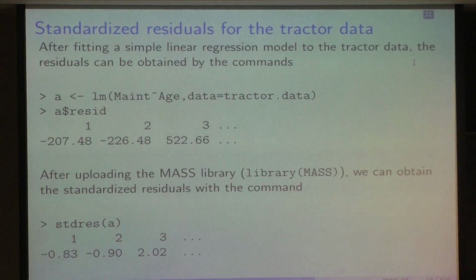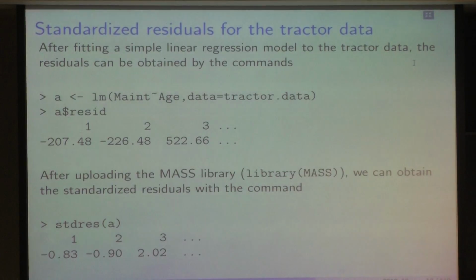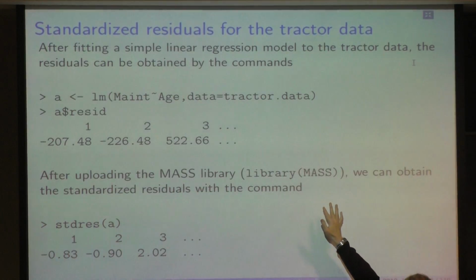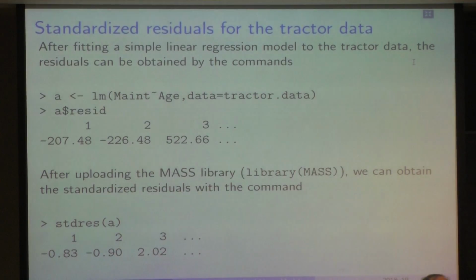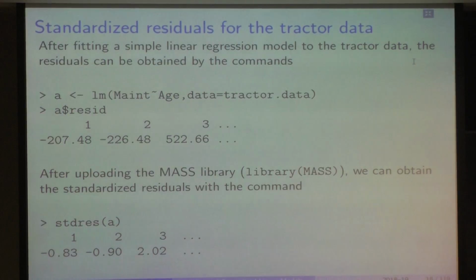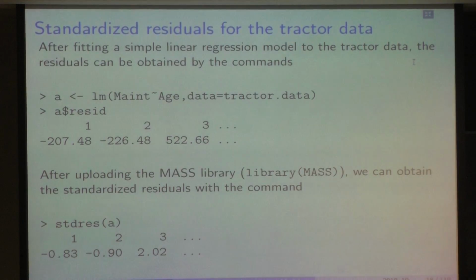This is the package which is associated with that book. So if you load the MASS library, you need that library command before you can use the stdres command, we see that these are the standardized residuals.